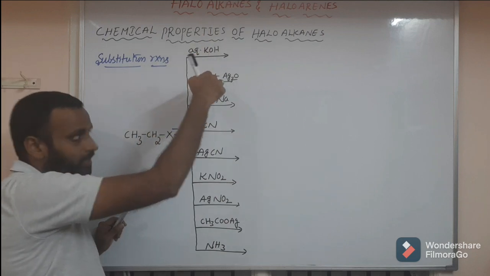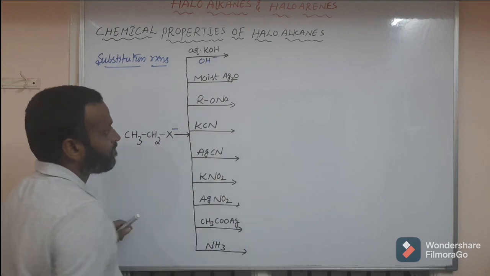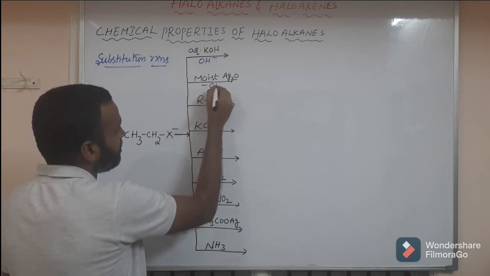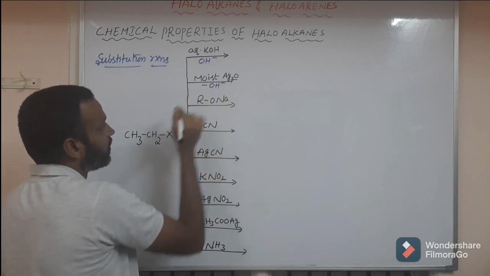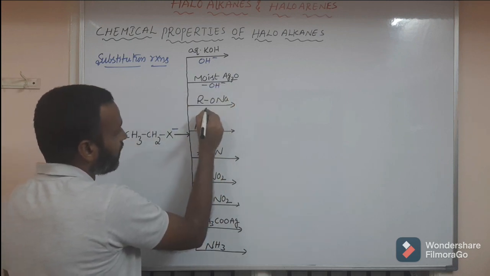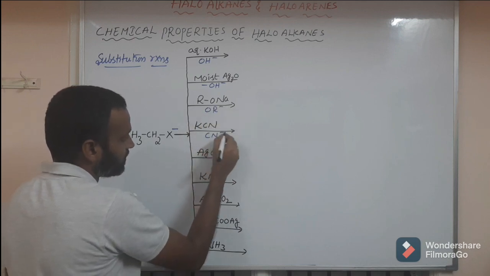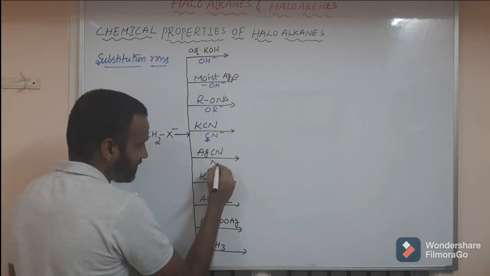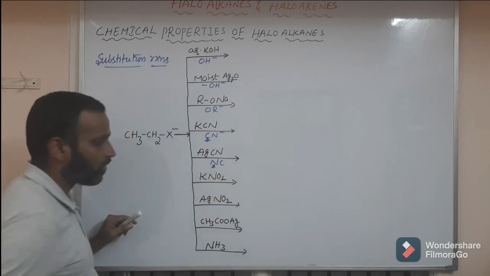Complete KOH will replace? No. Here OH minus will replace, and here also OH minus will replace. Here OR minus will replace, and here CN minus will replace, where carbon will form a bond. And here NC will replace X, so that means nitrogen will form a bond.